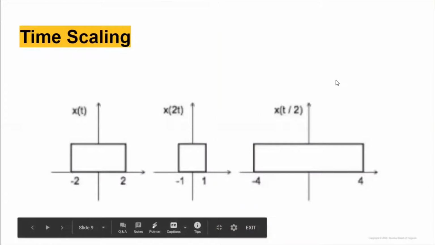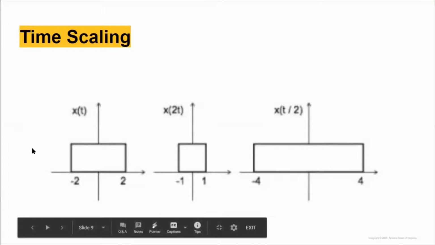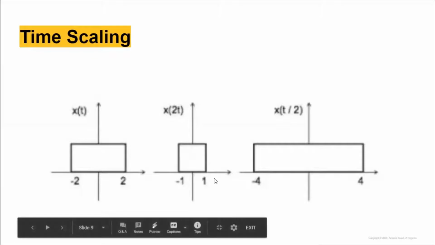Okay, and then the last one I want to go over is something called time scaling. This one's kind of confusing. Here on the far left, I have x of t, our signal that we're just given. If we take the inside of that signal and multiply the time by 2, so x of 2t, normally you would expect it to stretch out, but in this case it actually causes the signal to exist over a shorter span, in proportion to whatever number you multiply by.